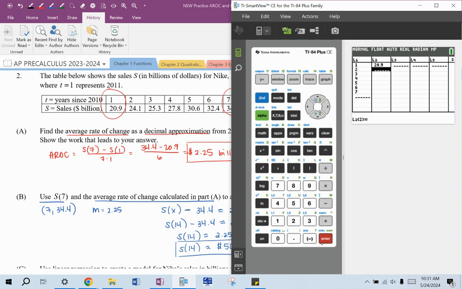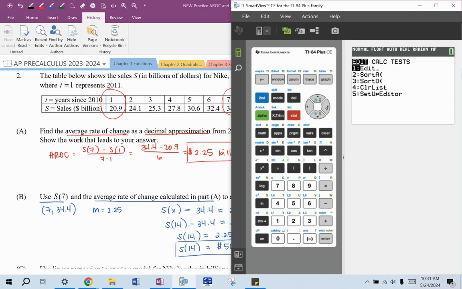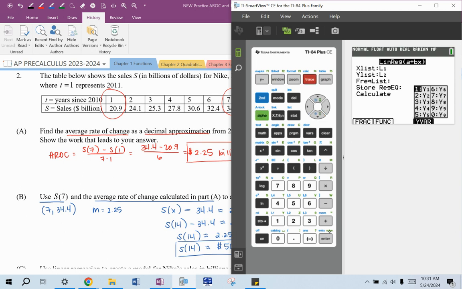Make sure you carefully type in these values. All right, so then we're going to Stat, Calc, Linear Regression. Every time you store in Y1, it overwrites whatever was in there before, so you don't have to worry about going back and clearing it out.